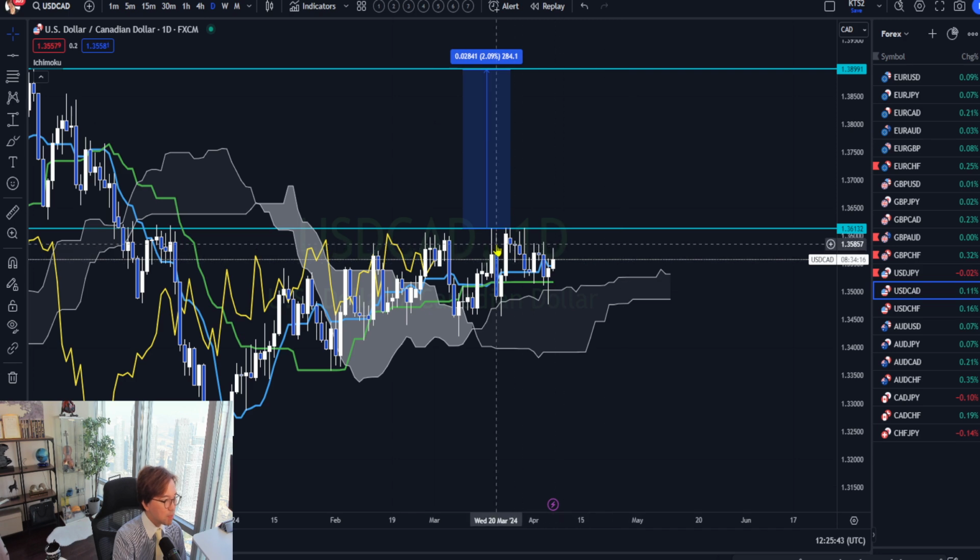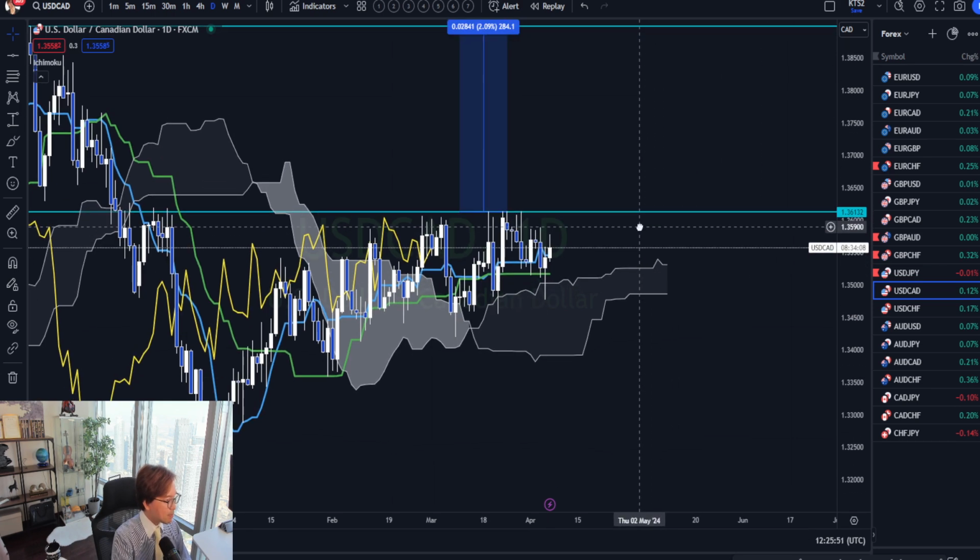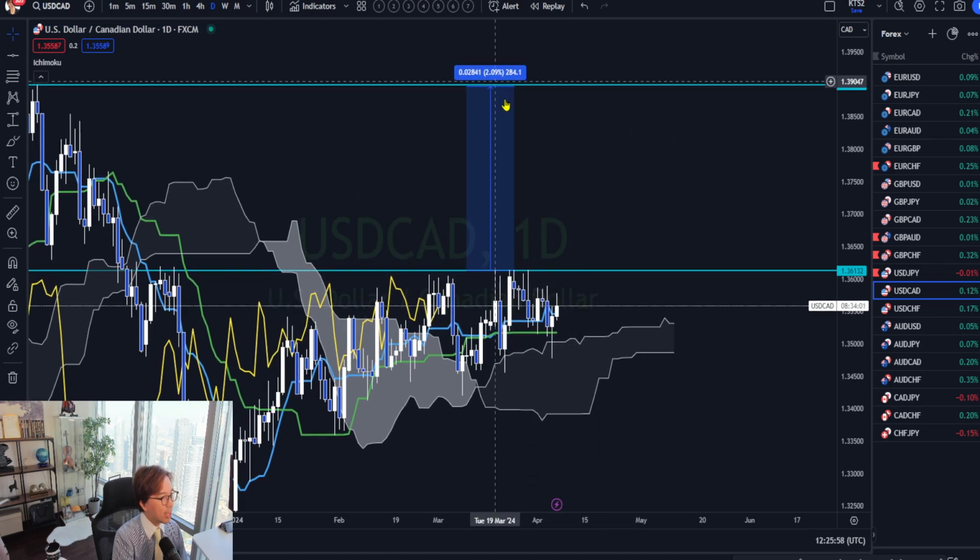And USD CAD is completely ranging, but again, this one is also near the resistance, and it's 1.3613. This one may break the resistance, and once it does, we can expect the potential pips of 284 to take. So that's one thing that's good in terms of the target.